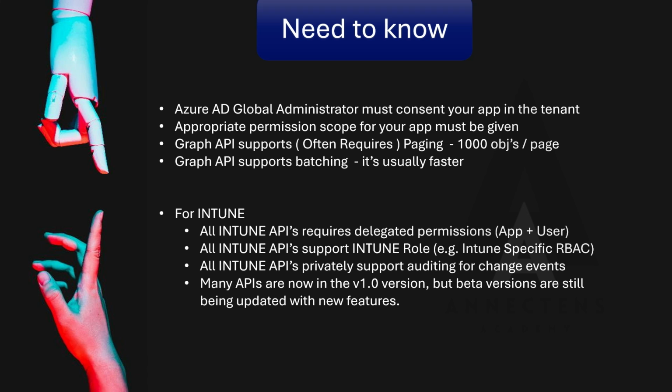For example, in my RBAC, I have created a help desk engineer permission role, and help desk users are not allowed to run any remote action. They are not allowed to do any wipe or delete for the device. So if they use the Graph API, they are also restricted by those RBAC rules. They cannot do anything.